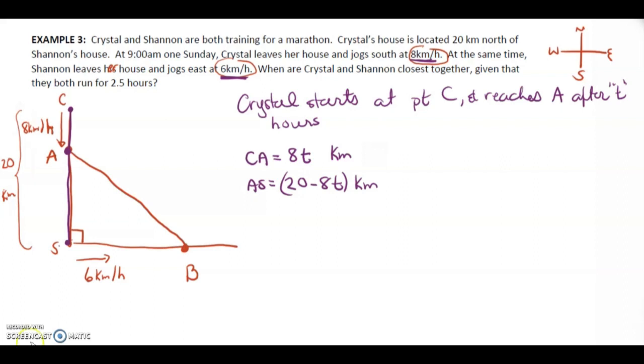So what we're doing now is quoting the distances of all of these lines or line segments with respect to t.